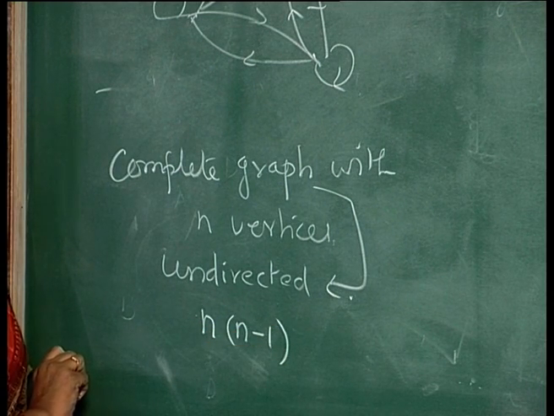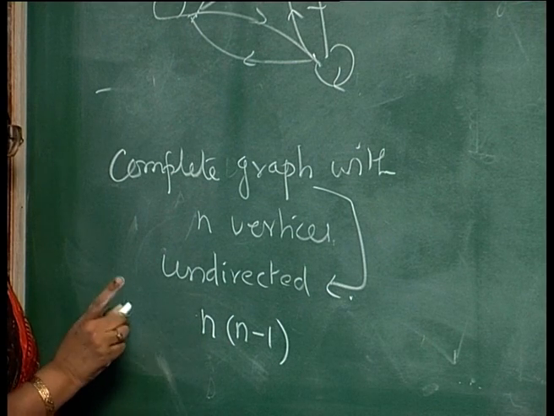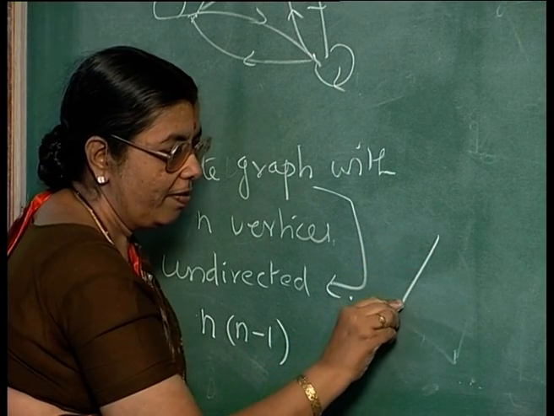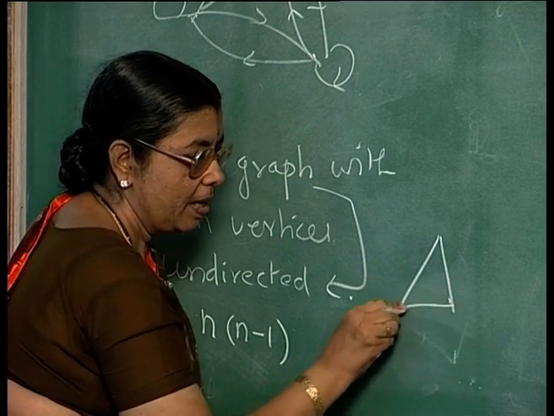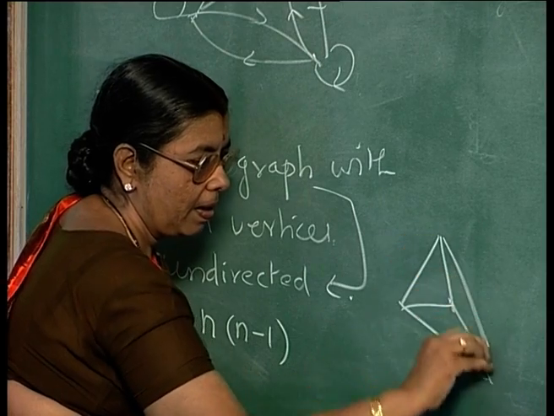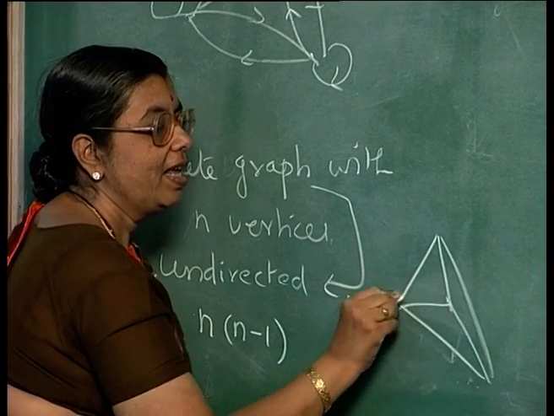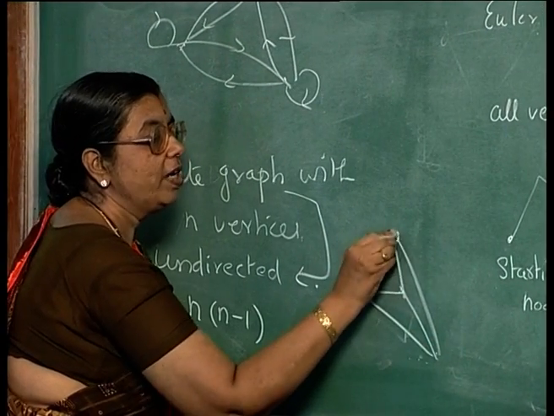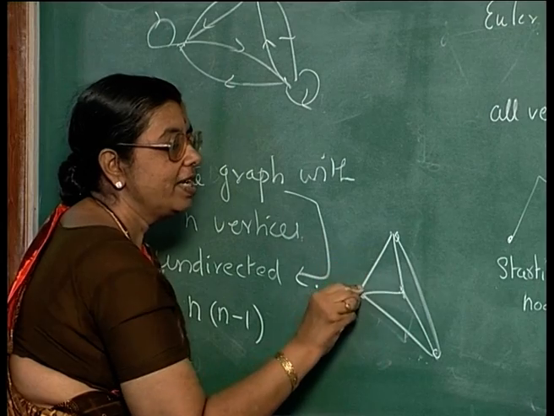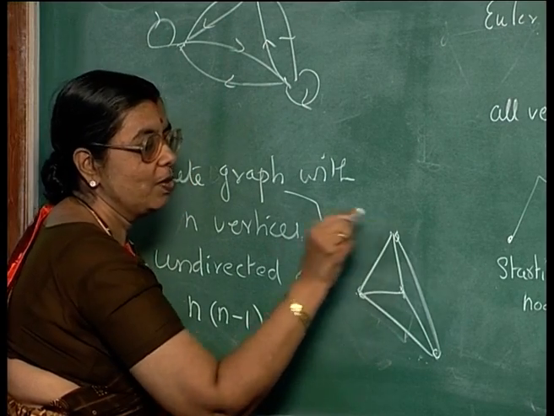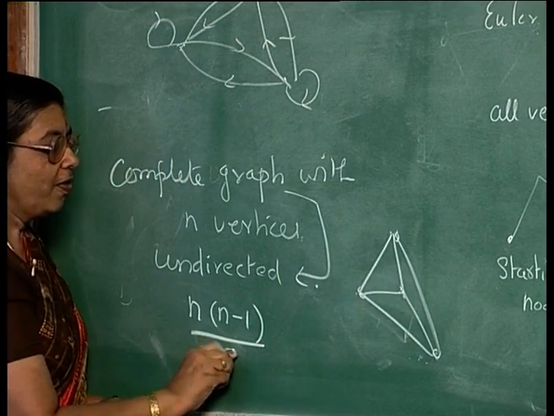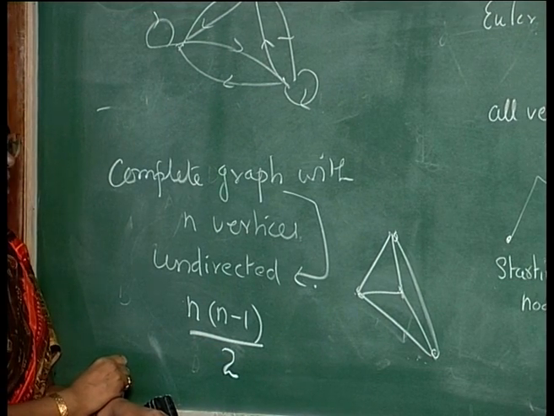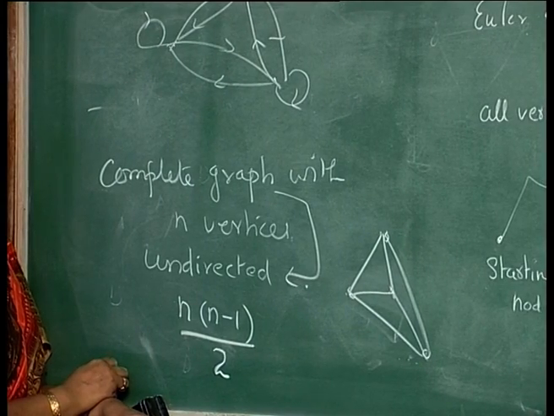So, it is n into n minus 1 edges, but each edge is counted twice. For example, if you have 4 nodes, from this there are 3, from this there are 3, from this there are 3, and so on. So, 4 into 3 is 12, but this edge you count from this node also, and from this node also. So, the number of edges in a complete undirected graph is given by n into n minus 1 by 2.